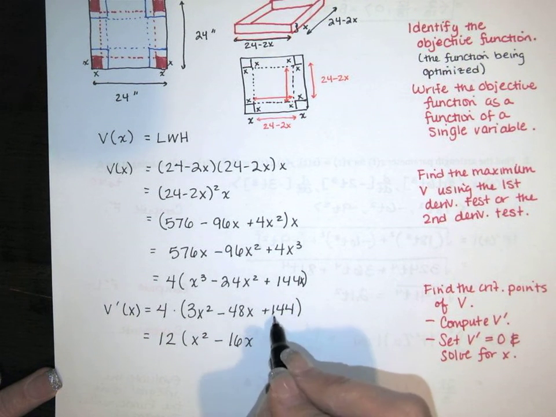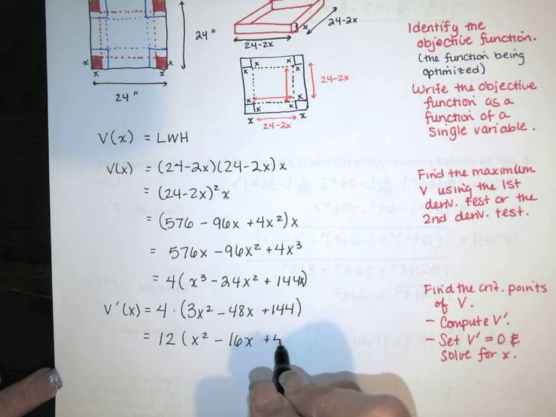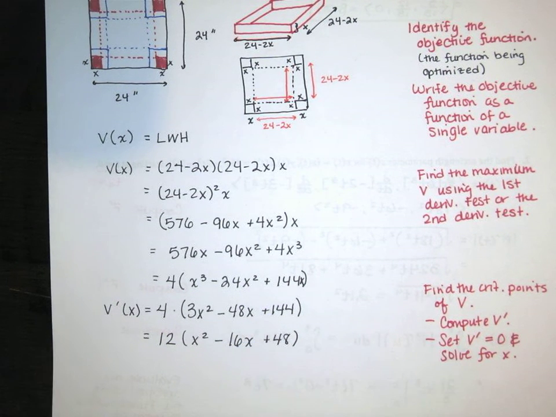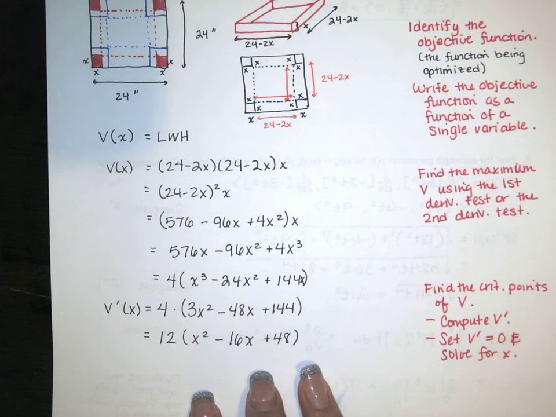So I think this is 12 times 12, so 12 times 4 times 3, I factored out a 3. It's going to be 48. Okay, 12 times 4.